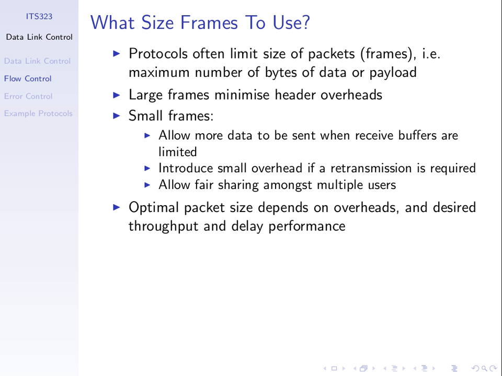So if there are errors, retransmitting smaller frames is better than retransmitting bigger frames. Because here we need to send 20,000 bytes plus the headers. Here, 10,000 plus 1,000, 11,000 bytes plus the headers. Assuming the headers are small, we have to send a total much more here than with the smaller frames. If there are errors, using smaller frames is better than using larger frames.